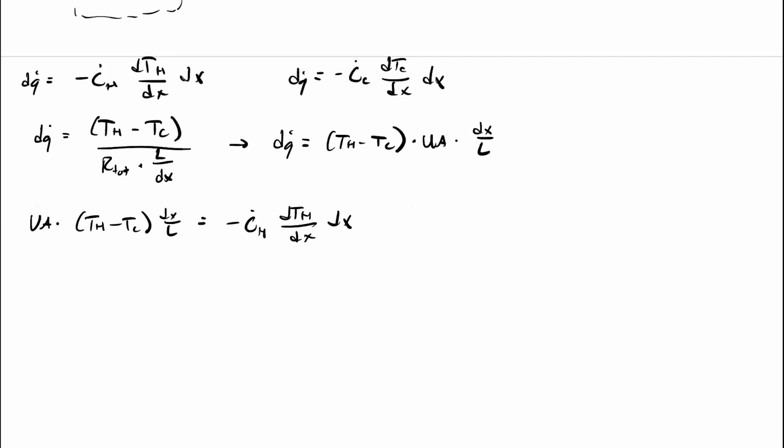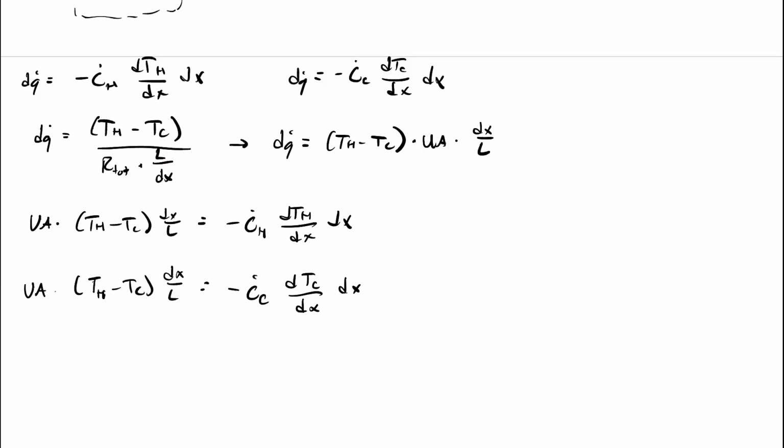We can write the cold equation similarly. So it's UA times TH minus TC times dx over L is equal to minus C dot C dTC dx dx.